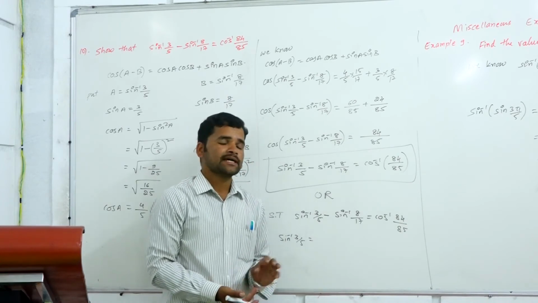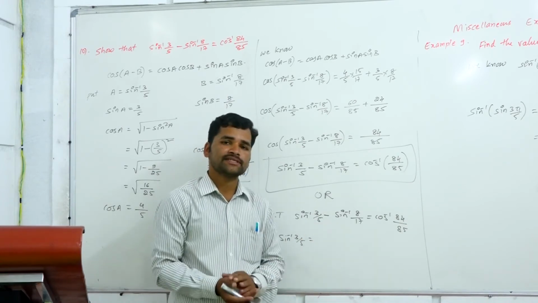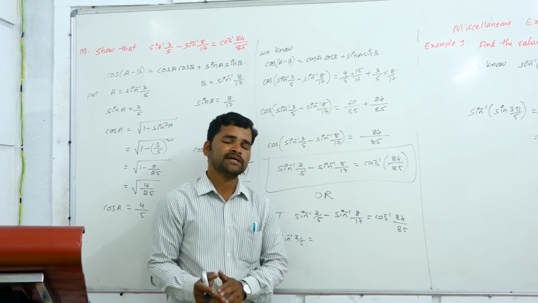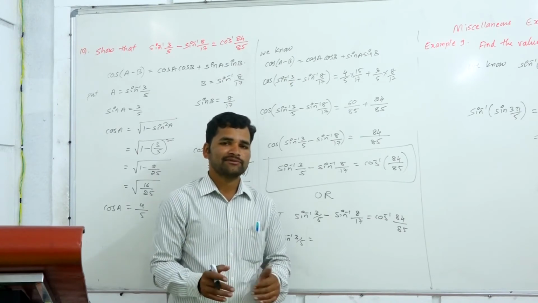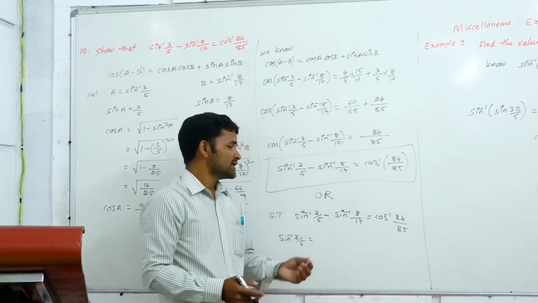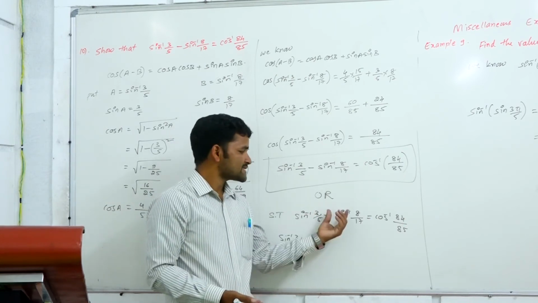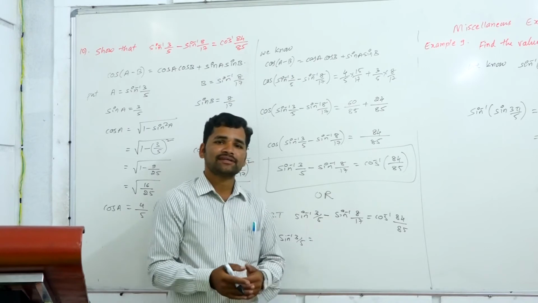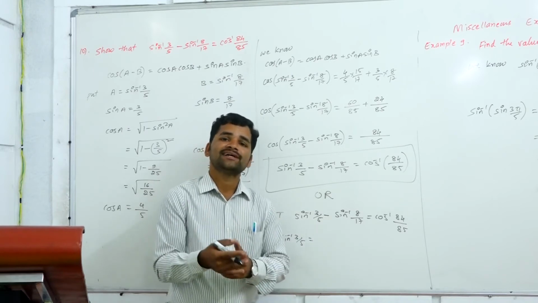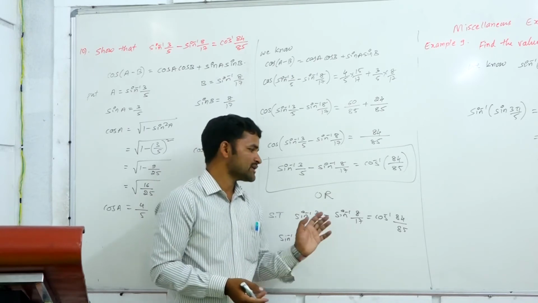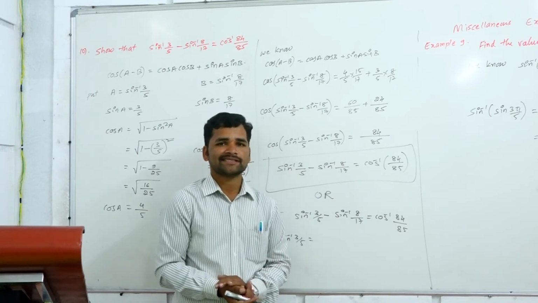Tan inverse of x minus tan inverse of y is tan inverse of (x minus y) by (1 plus x into y). That formula we will be using. So this sine inverse of 3 by 5 we should write as tan inverse of something. And this sine inverse of 8 by 17 also we should write in terms of tan inverse, so that we can use the formula for tan inverse minus tan inverse.